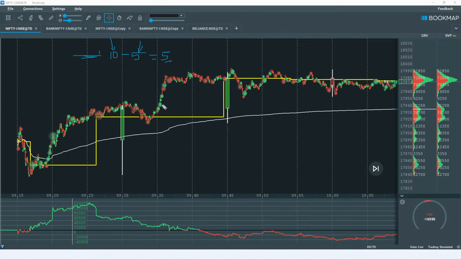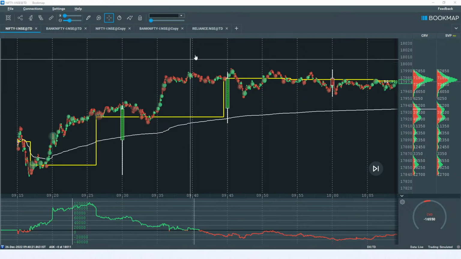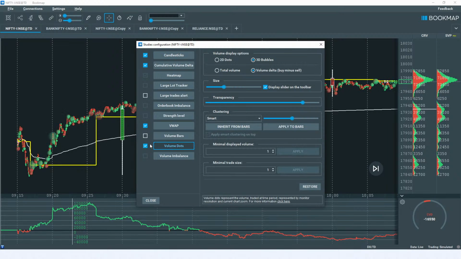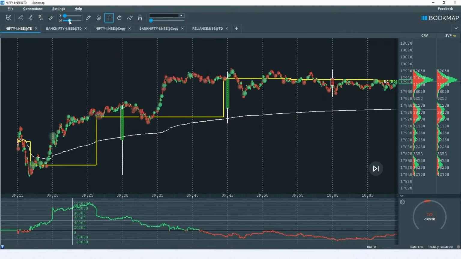The green bubble indicates that at this particular level, market buy orders were executed. The other thing we can do with the bubble is display it as a dot. You can enable this by going to the studies configuration and volume dots. You can change the size of the volume dots here. It gives us the relative difference also.